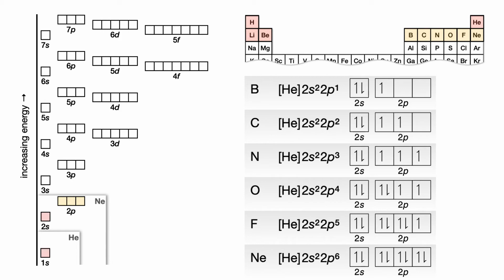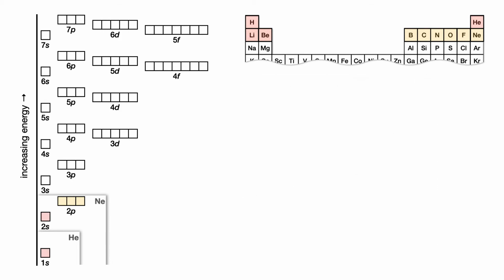So moving along then, the next element is sodium. For sodium, there's no room in the first or second energy levels for the next electron, and so sodium is going to have to put an electron into the third energy level.